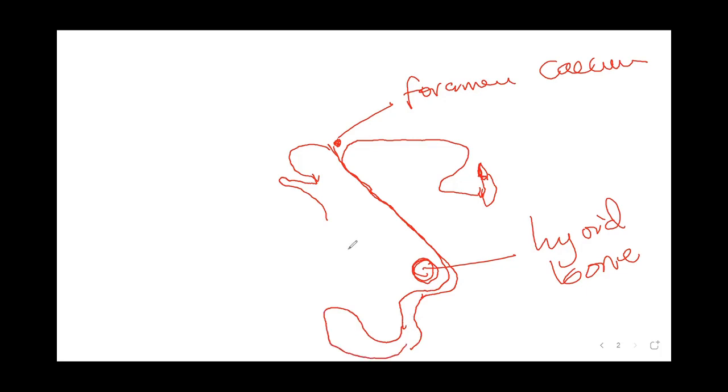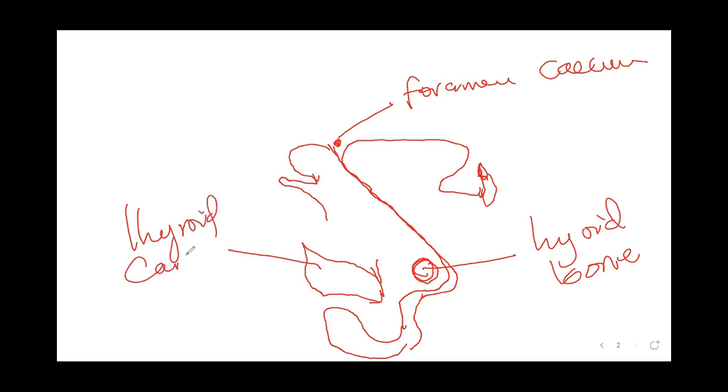Then it descends to its final position in front of the trachea. Remember the thyroid cartilage. The thyroid cartilage is here, and you have the trachea. You know the cricoid cartilage is here.